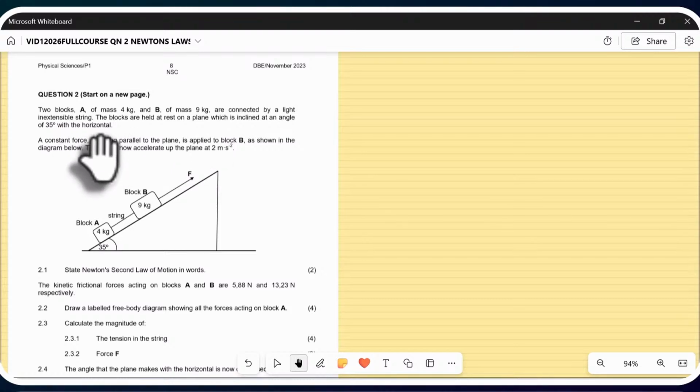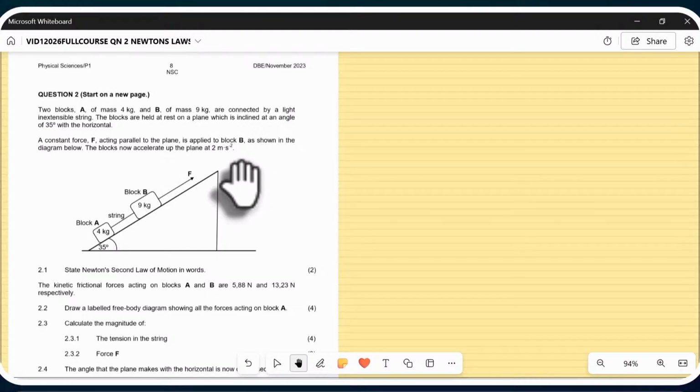Then a constant force, this force here, acting parallel to the plane is applied to block B, as shown in the diagram below. The blocks now accelerate up the plane at 2 meters per second squared. So this time they've given us acceleration, which is 2 meters per second squared.